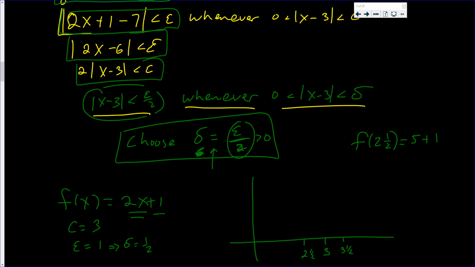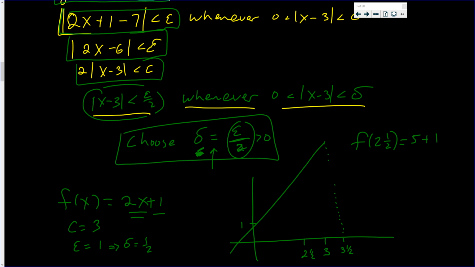Let's first draw the line. You have 1, and the slope is 2. There's the line. And f of 3, the limit, approaches 7.